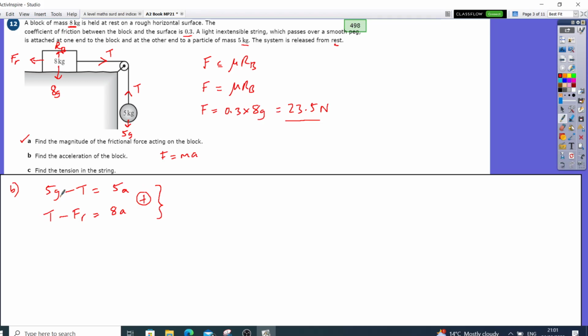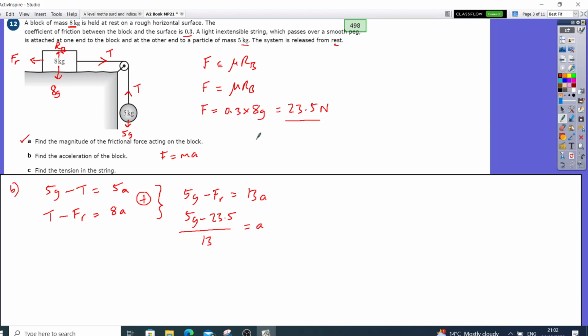If we add those two, we'll get 5g, minus T plus T will disappear, and that will be minus friction, and we'll get 5 plus 8 is 13a. Now we know that friction is 23.5, so we can say 5g minus 23.5, divided all by 13, will give me the acceleration.